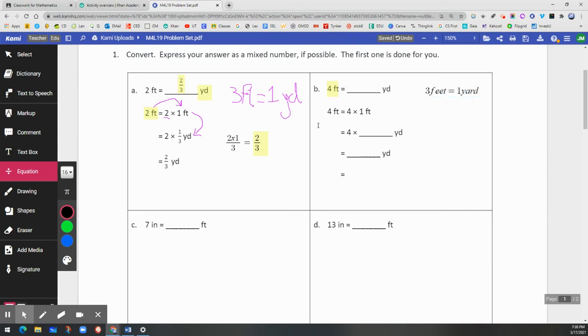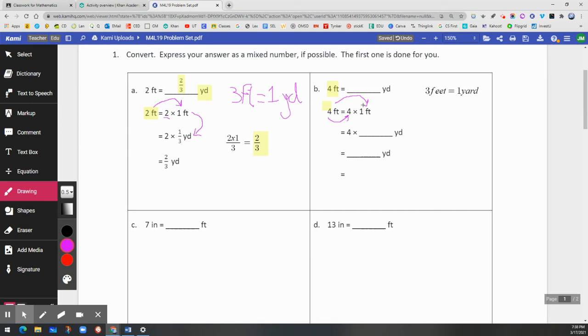Now, knowing that, we're going to rewrite the expression as we did on the first problem. So we're going to rewrite the 4, and the foot is going to be just 1 foot.